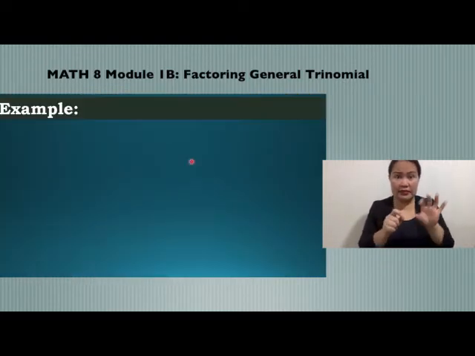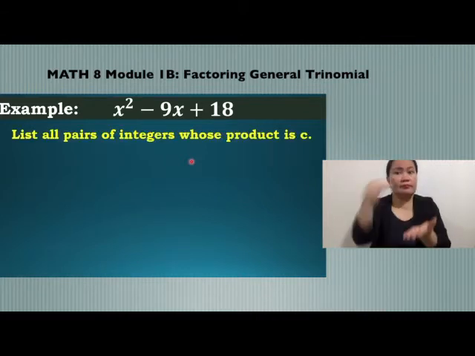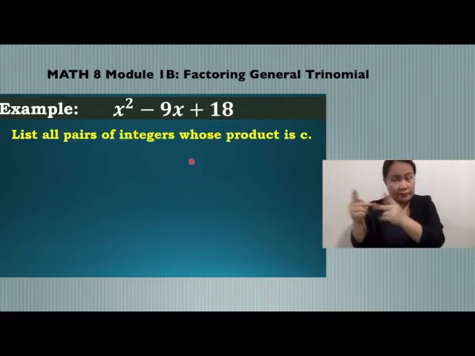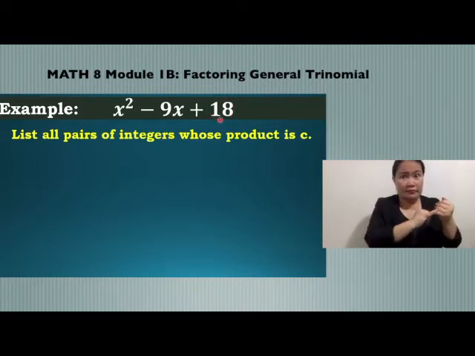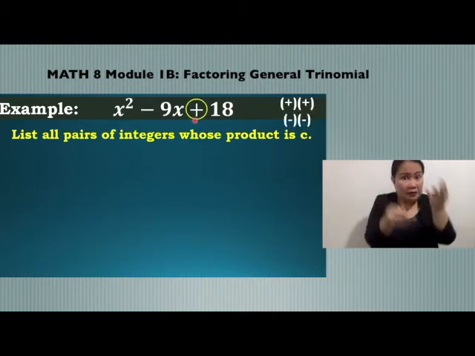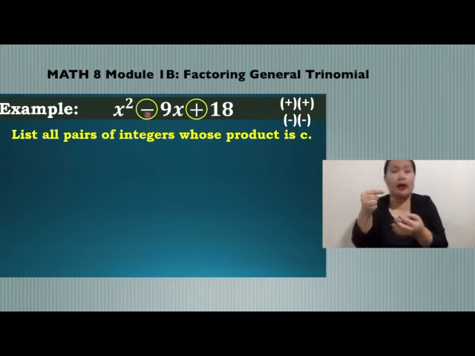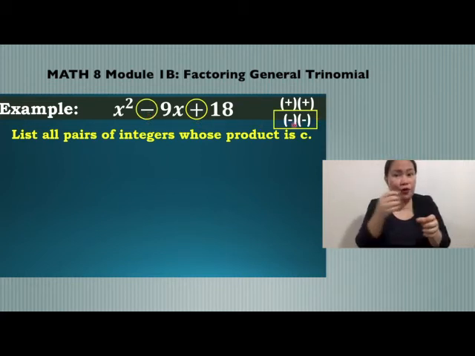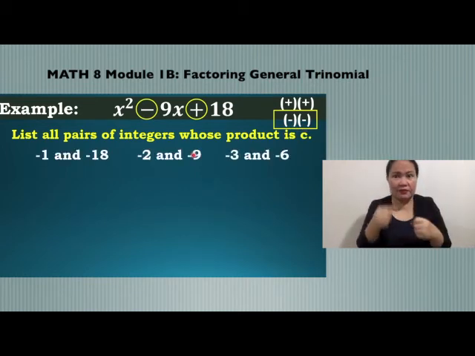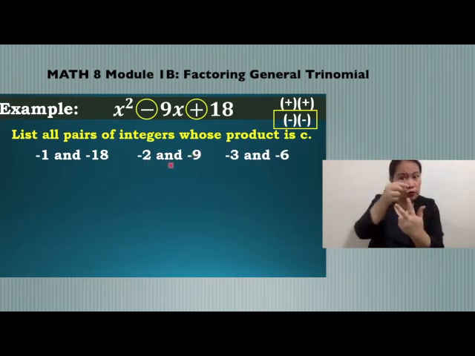Next. So I have x squared minus 9x plus 18. So again, lista natin lahat ng pairs of integers na kapag minultiply natin, ito dapat ang kalalabasan. So now, since positive ulit to, it's either parehong positive or parehong negative yan para ang resulting product will be positive. Now, since negative yung middle term natin, therefore, dapat yung dalawang integers natin ay parehong negative. So we will have now negative 1 and negative 18, negative 2 and negative 9, negative 3 and negative 6.